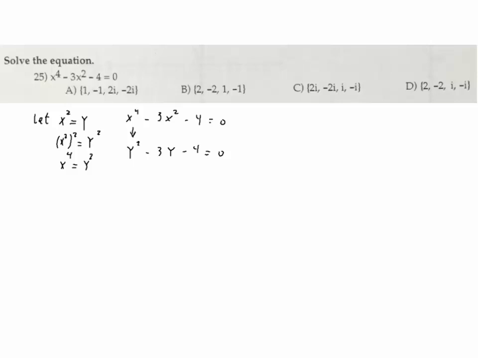Yes, you're making a substitution here, forcing this equation, the fourth order equation, to look like a second order equation by letting x to the power of 2 be equal to y. And then if I square both sides, then y squared would be equal to x to the power of 4. So the question is how to solve for this now. How would you solve for that?